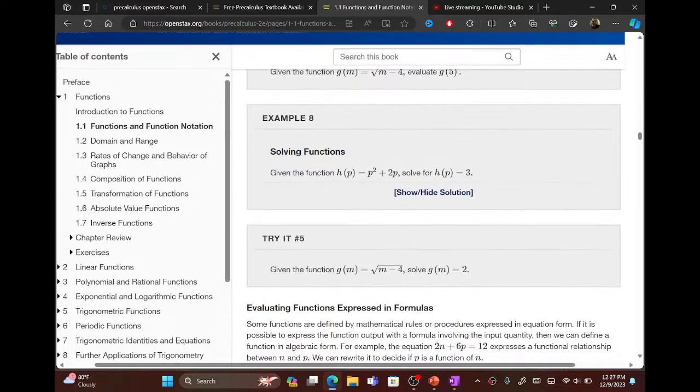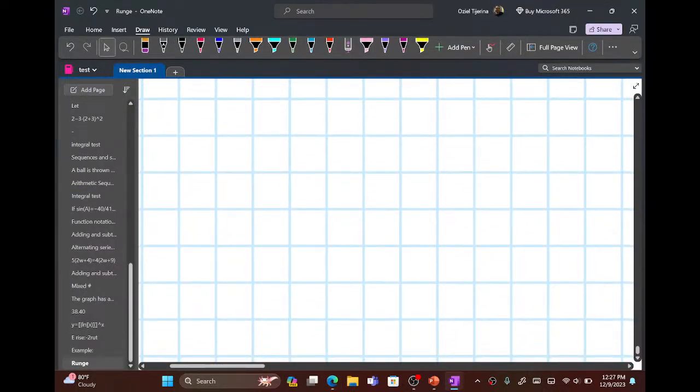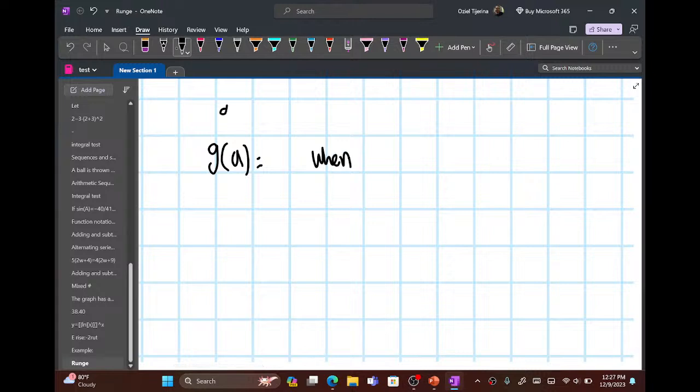Now, there is a difference between evaluating and then solving. So solving functions is another thing. So there's a difference between, again, if I say g of a, that means when x equals a, g of x is what, right?